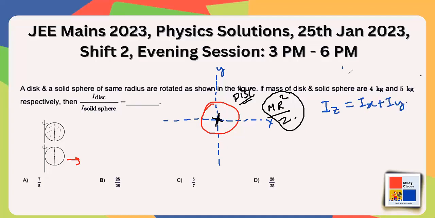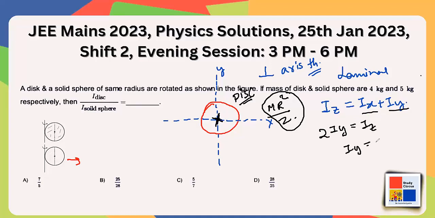Since Ix is the same as Iy, 2Iy is Iz, so Iy is half of Iz. Iz is mr square by 2, so Iy is going to be mr square upon 4, right?